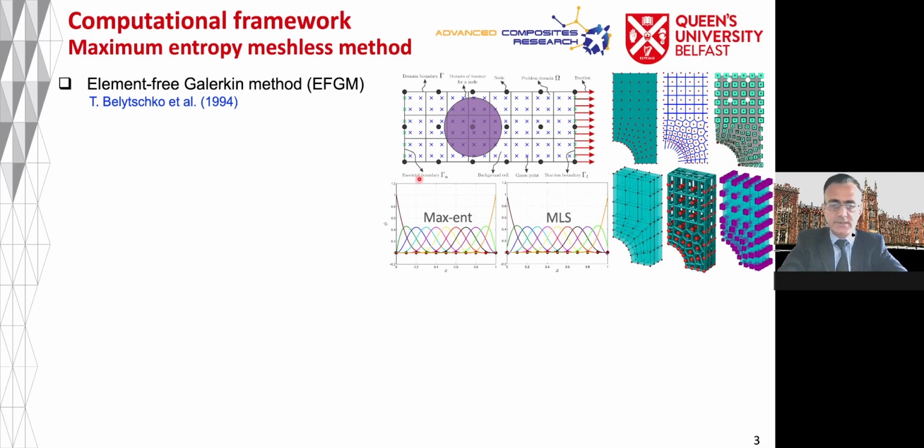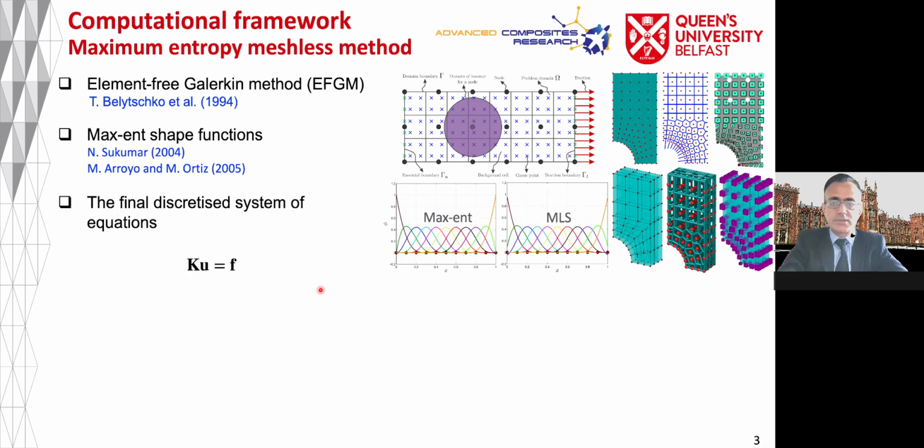In the maximum entropy based meshless methods, which were proposed by Sukumar and Arroyo, these shape functions or basis functions possess a weak Kronecker delta property on the boundary, and therefore we can impose the boundary condition the way we do in FEM.